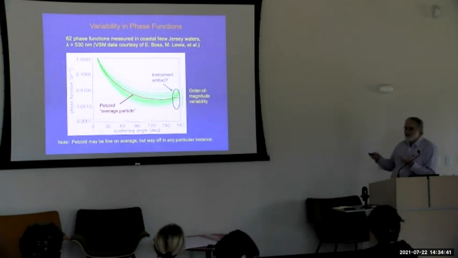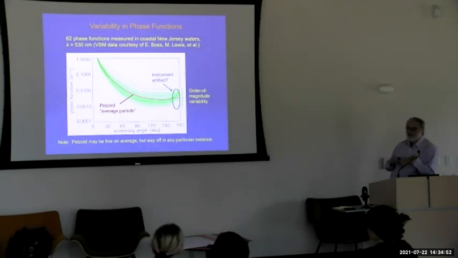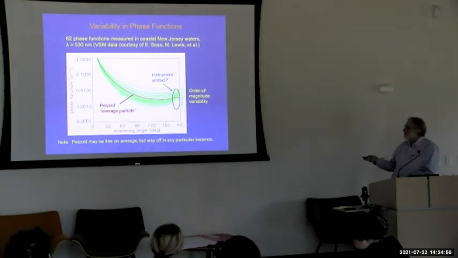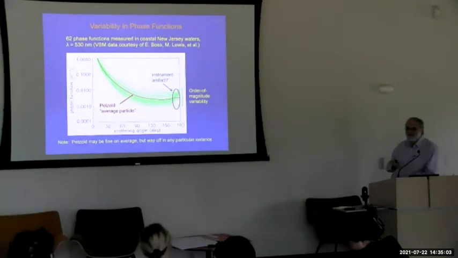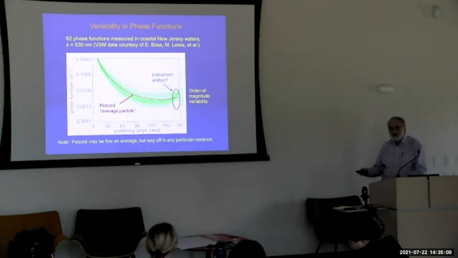So if you were making a volume scattering function on the day when it's one of these curves in here, it looks just like Petzold. So you could take Petzold, plug it into Hydrolite, you'll get great results. But if you were making a measurement on this day or on this day here, and you use Petzold to model that phase function, you're going to be off by a factor of 3 or 5. And then, of course, you'll blame it on Hydrolite, but I'm used to that.